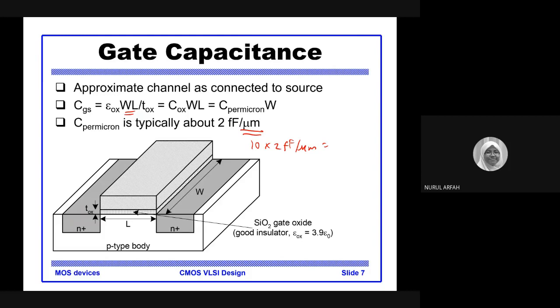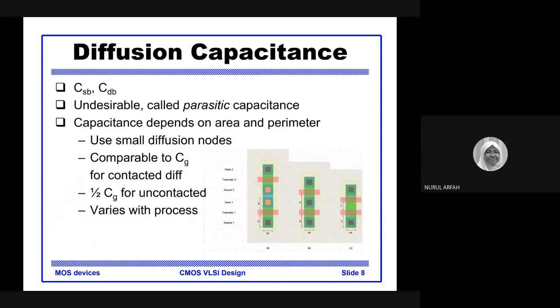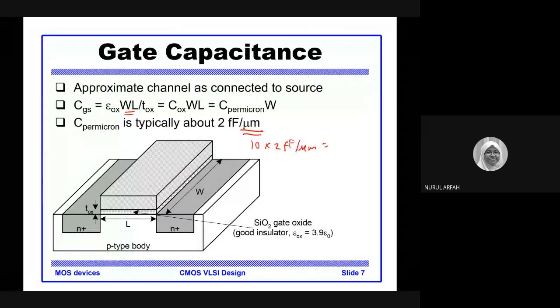Okay. So your task is actually to minimize the diffusion capacitance, because we know that on this side, in a normal condition, we have some depletion region here and then some depletion region here.